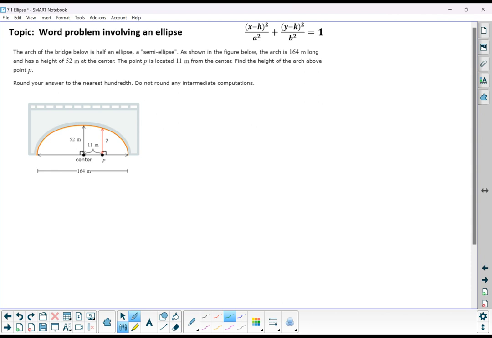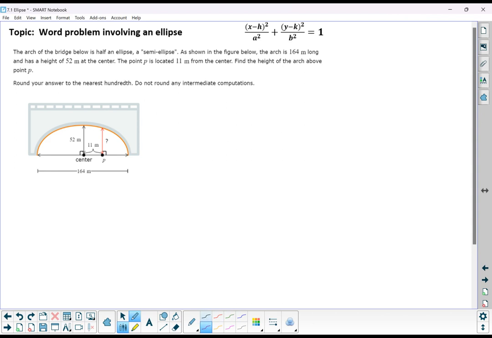The arch is 164 meters long and has a height of 52 meters at the center. And then we have a point P that's located 11 meters away from the center. And we want to find the height of the arch above the point P. So we're looking for a height here.